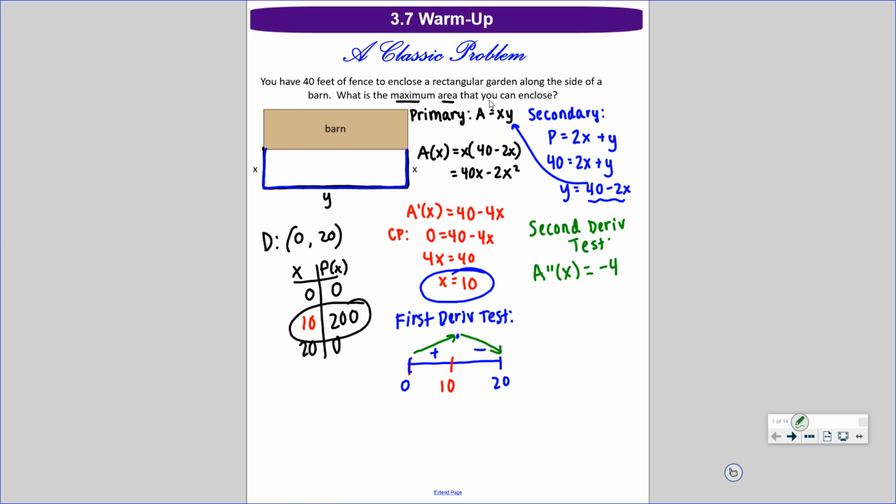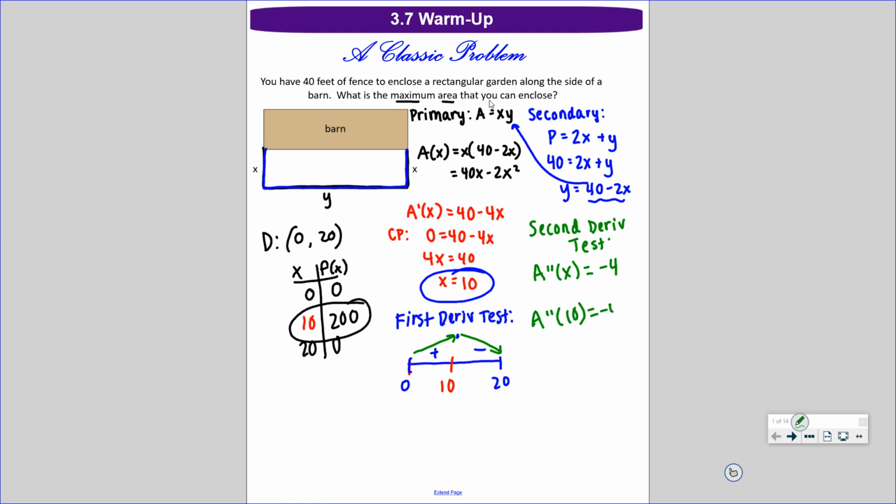So we don't need to make a science chart for this one. I'm not locating points of inflection or anything like that. I'm trying to figure out if this is a max or min. Well, obviously my second derivative is always negative no matter what I plug in for x. So if I plug in 10 here, I'm still going to get -4.